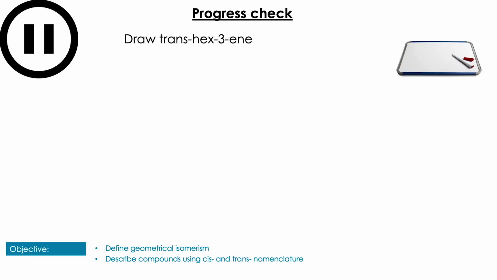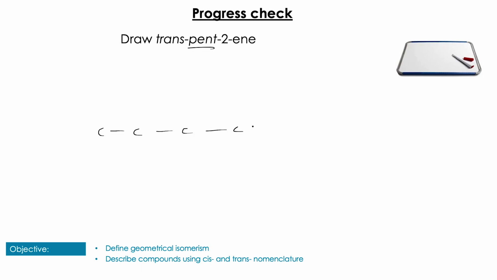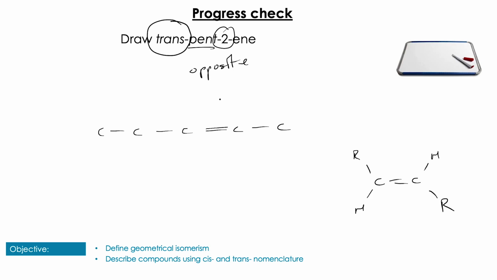Pop 'em up! So you can go about drawing this in two ways. One, the kind of straight chain way where you put your double bond in and then you recognize that trans is on opposite sides. So you can draw in the kind of three-dimensional representation in the bottom right here, or you can just draw it as a straight chain.